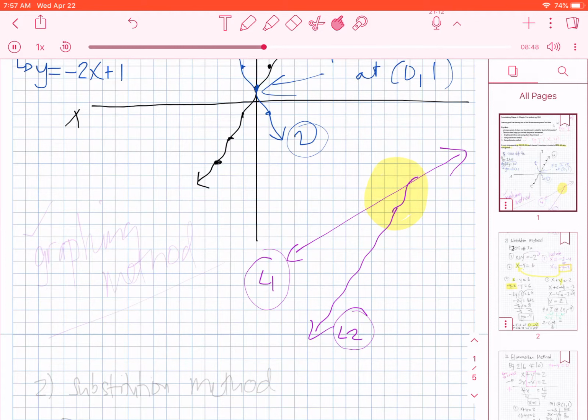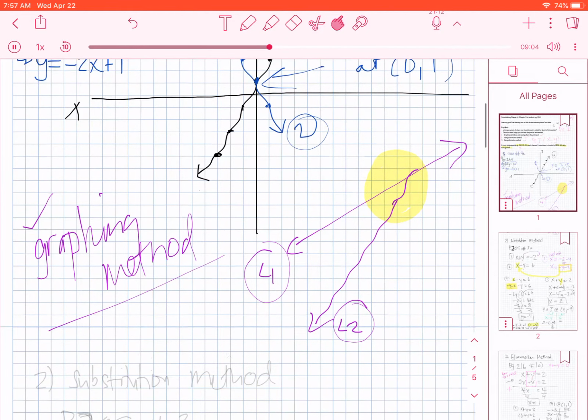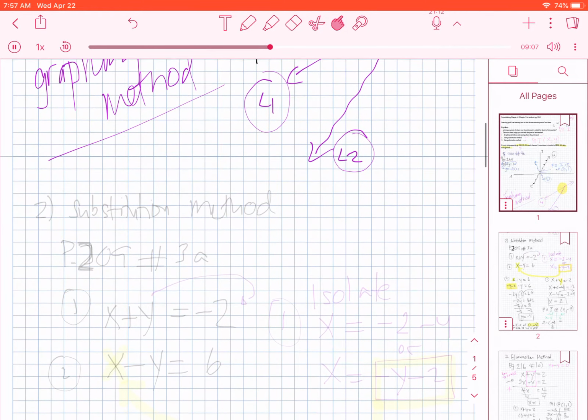Okay, so this is our graphing method. Perfect. So I'll focus then on the substitution method.